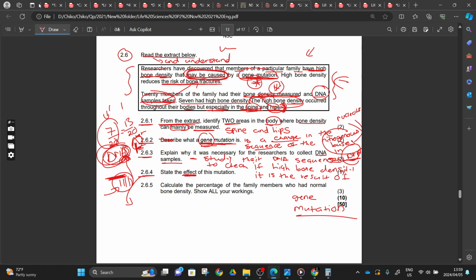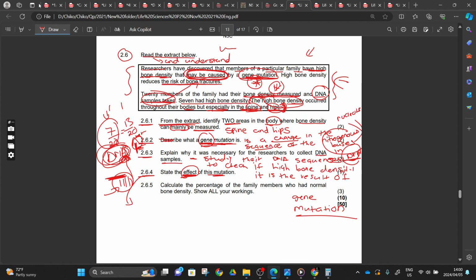So here, when they say state the effect of this mutation, someone might come and say a useful mutation, or harmless or harmful mutation, but you must not forget that in life sciences, when we ask you the effect of something, it's like we are asking you the consequences of this mutation. If you have this mutation, what is it that you are going to be suffering from? Do you understand? So in this scenario, there's no suffering, there's just a benefit.